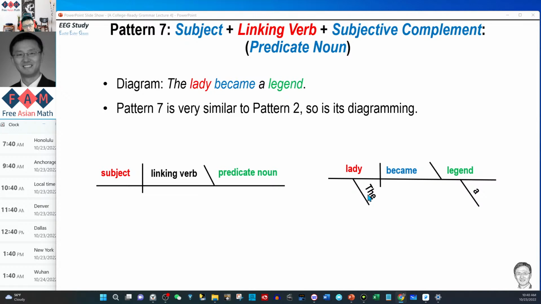So the two are only connected through that transitive verb. But when we have a linking verb, the subjective complement has a direct relationship with the subject. Even without the linking verb, we can see that a legend is just a lady. They talk about the same person.